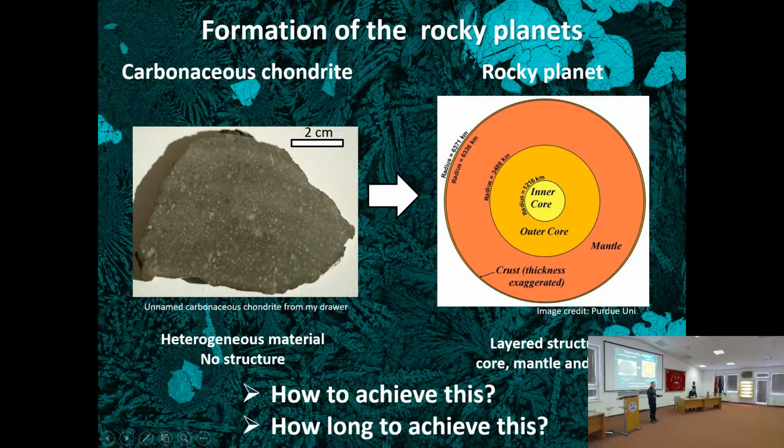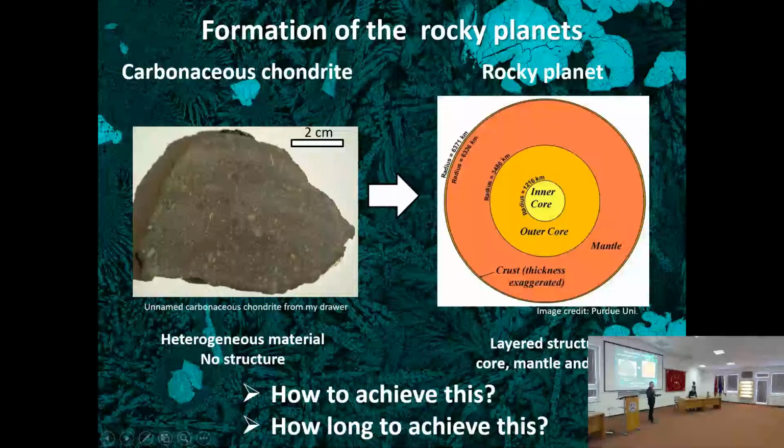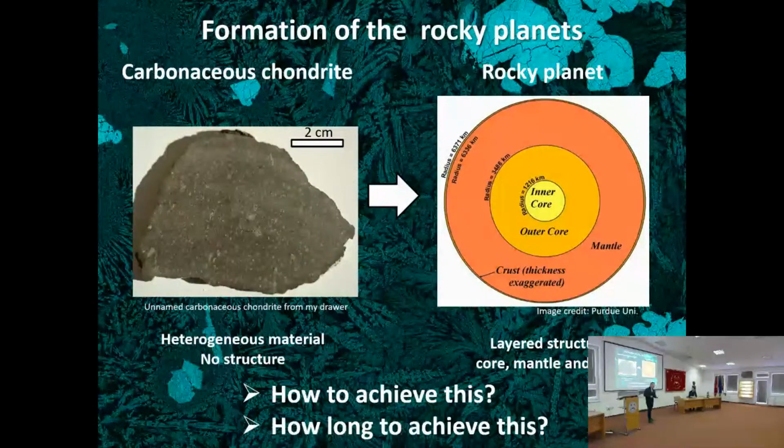So we have a material which is heterogeneous, contains a lot of different elements, like you can see on this picture of a meteorite I have in my drawer in my office. So you have this material, heterogeneous, no structure.